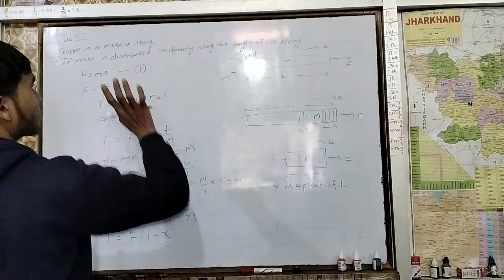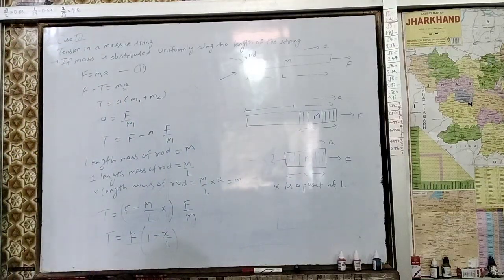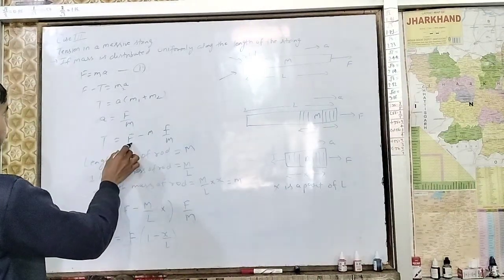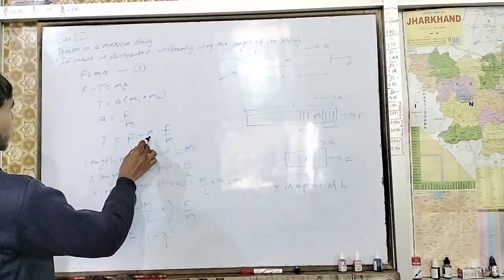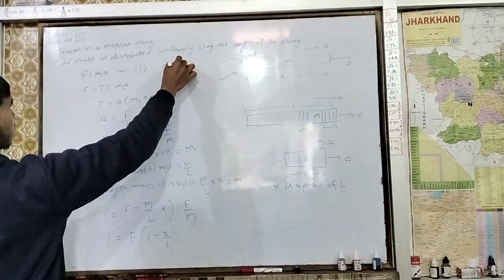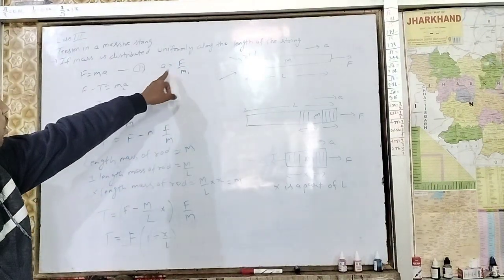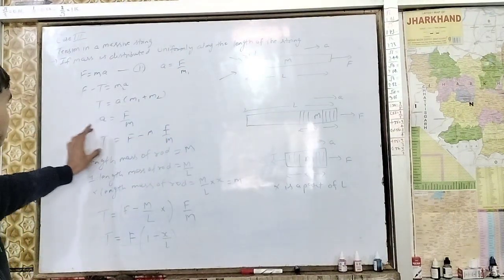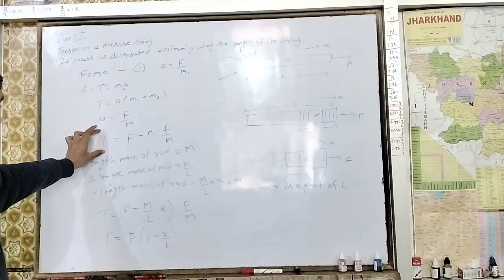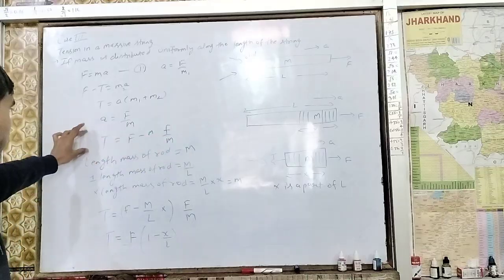Here for this F is equal to ma. For this we have F minus T is equal to m2 into A. So T was F minus, and over here the value of A is F upon M. We substituted the value of A over here so that we can get the tension force. So F minus m into F upon M.